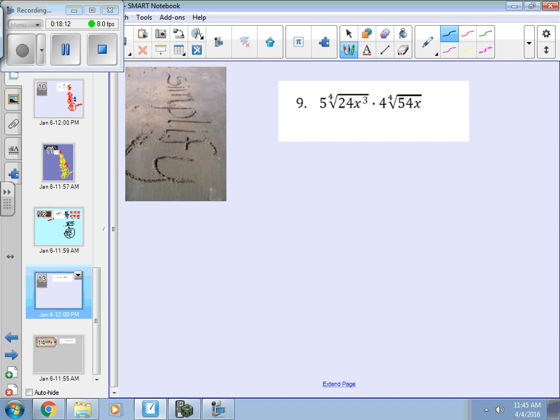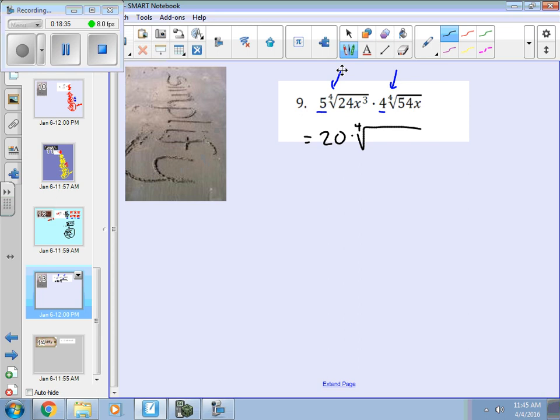All right, number 9, we got a bunch of stuff going on here. So since there's 2 4th roots here, we should be able to combine those into 1. We also have these 2 numbers outside the root. We should be able to combine those. So let's start there. 5 times 4 is 20. And now let's combine this stuff together.